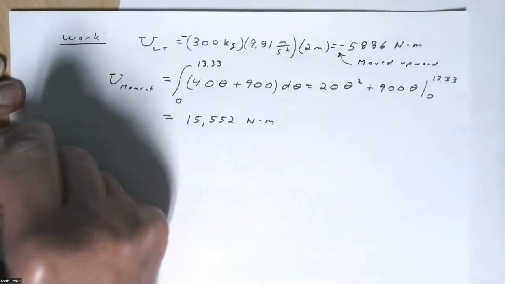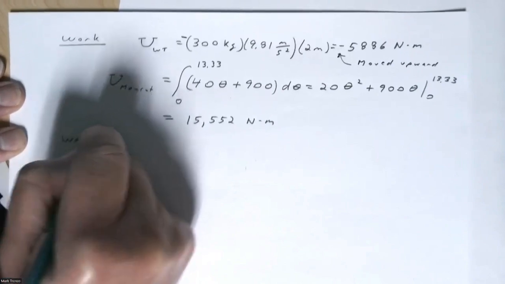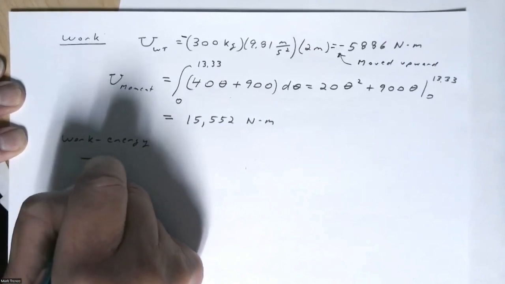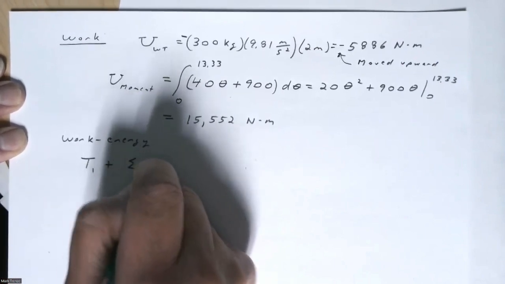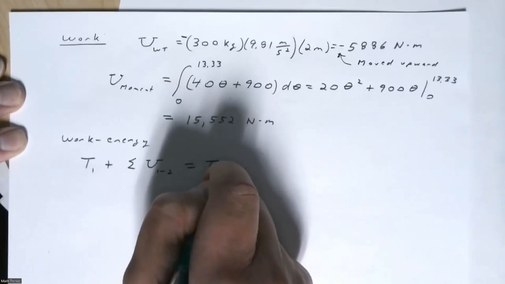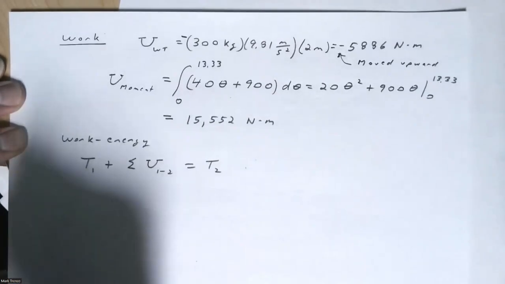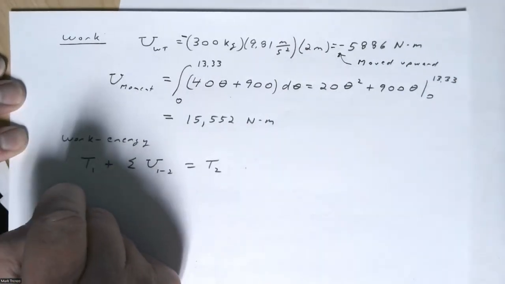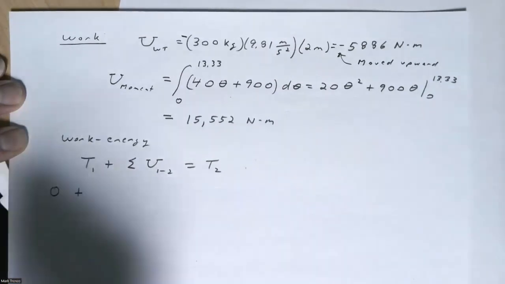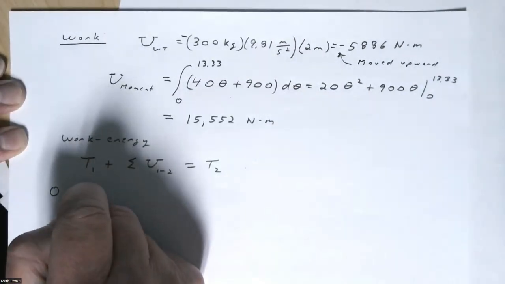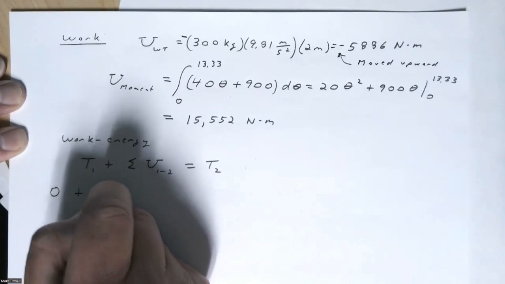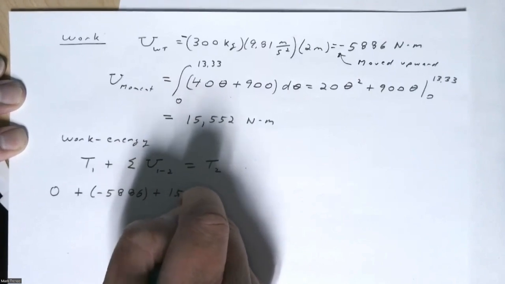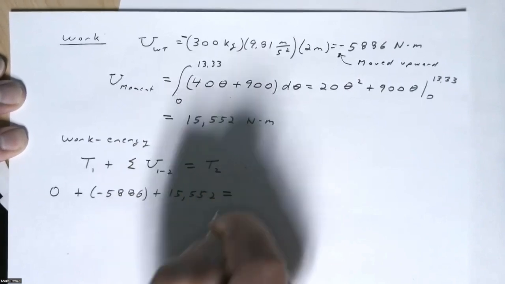And then use work energy, put all the stuff in. T1 plus summation U 1 to 2 equals T2. And of course, T1 was 0. We didn't have any motion. And then plus our work here was negative 5886 plus 15,552.